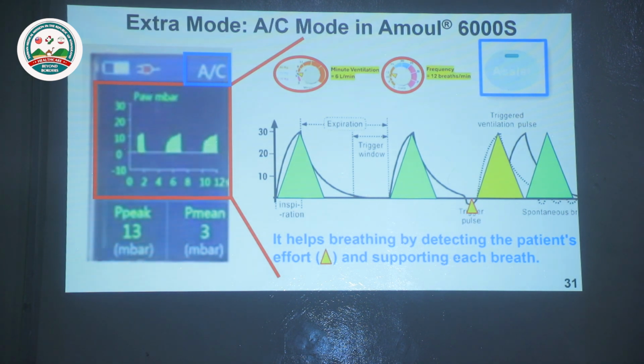So this means that when we set the respiratory rate around 12 breaths per minute, the ventilator can deliver 12 green triangles. Okay, so this part is the same as IPPV mode.